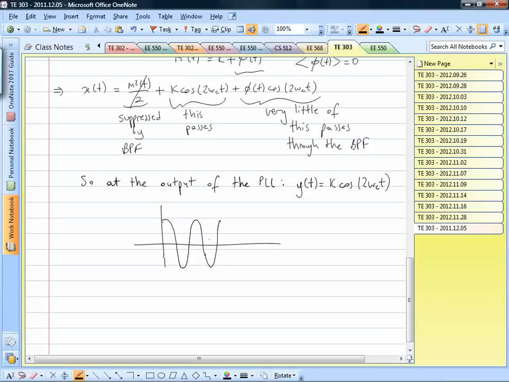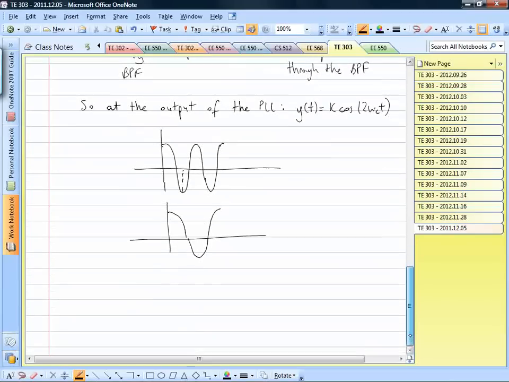So now you need a frequency divider which will generate this for you. So this is what you want. You want something with a smaller frequency.